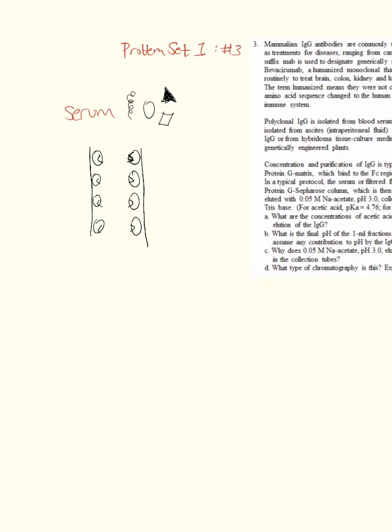These are basically the binding sites for the specific antibody. It binds to the Fc region, so let's say this is the Fc region of the antibody. We put all of these things through the serum, but the protein G matrix will only bind to this, okay? So everything else will fall out of the serum except for this.